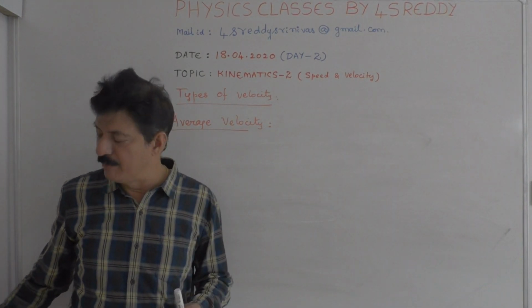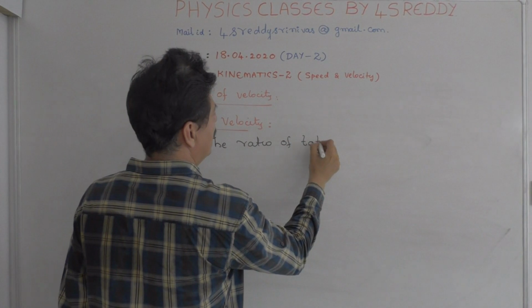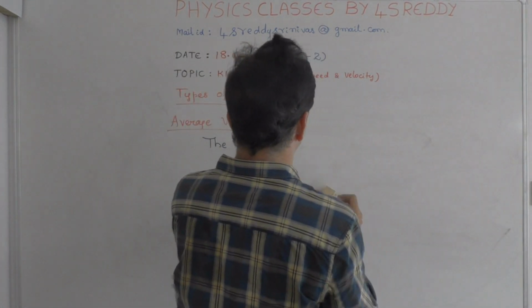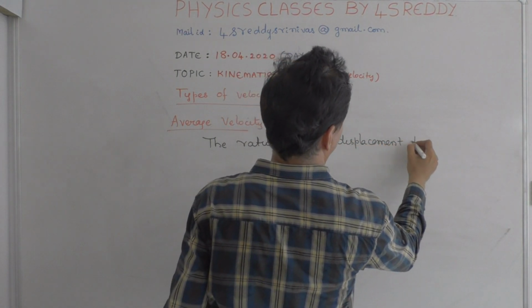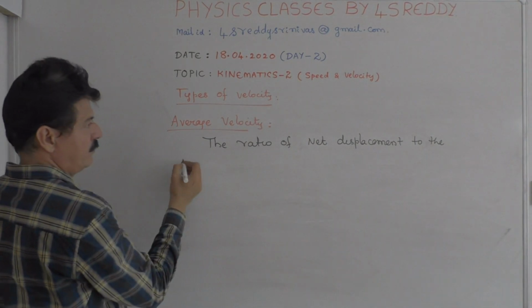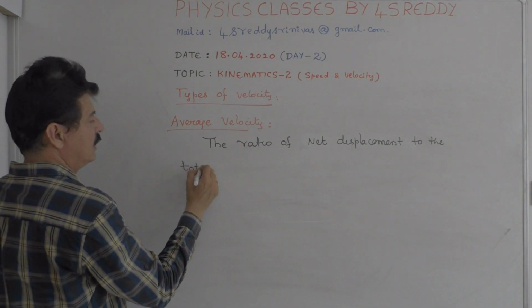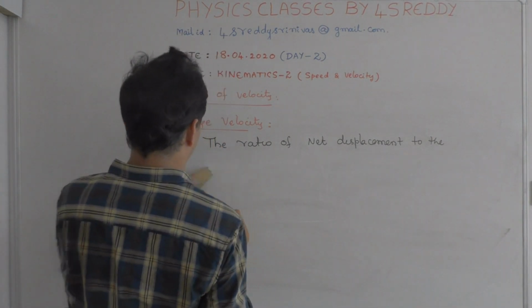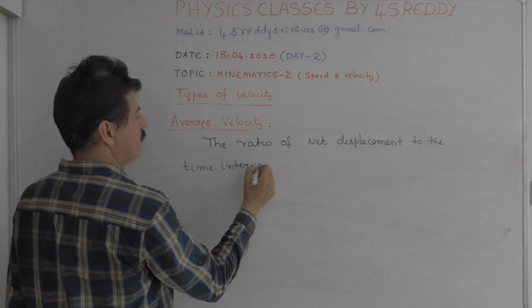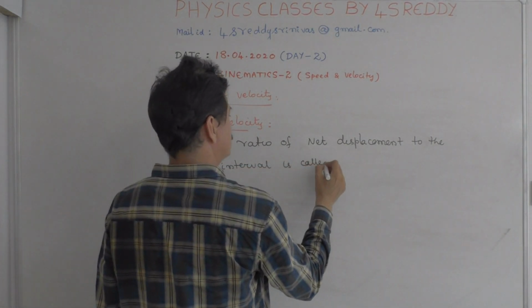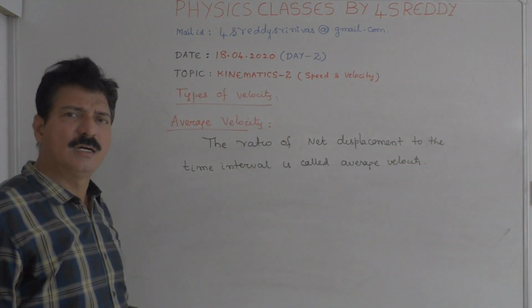Average velocity is nothing but the ratio of the total or net displacement to the total time, the net displacement to the time interval.